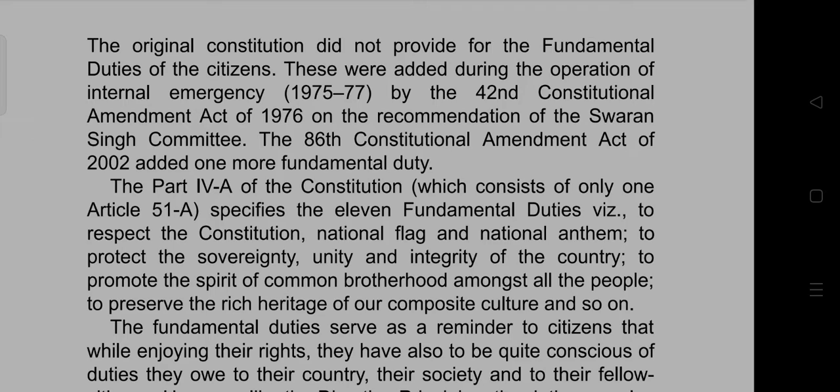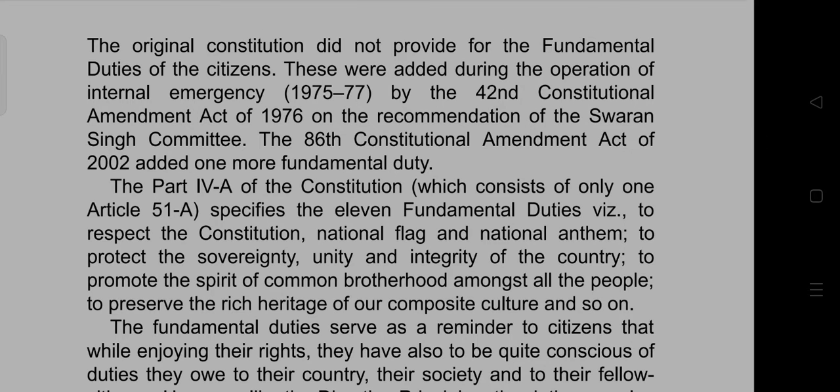Part 4A of the Constitution, which consists of only one article, 51A, specifies the 11 fundamental duties that are: to respect the Constitution, national flag and national anthem, to protect the sovereignty, unity and integrity of the country, to promote the spirit of common brotherhood amongst all people, to preserve the rich heritage of the composite culture, and so on.